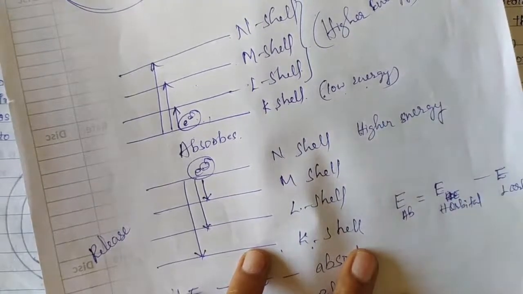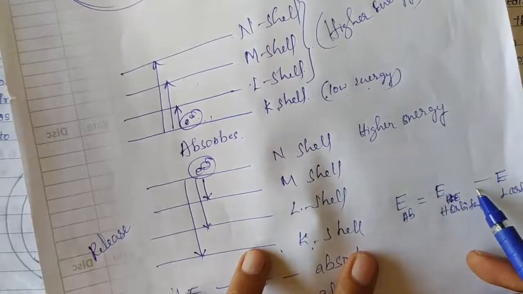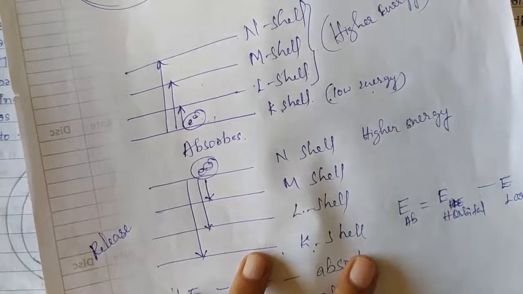We can also say initial orbital and final orbital. Like that also we can calculate.